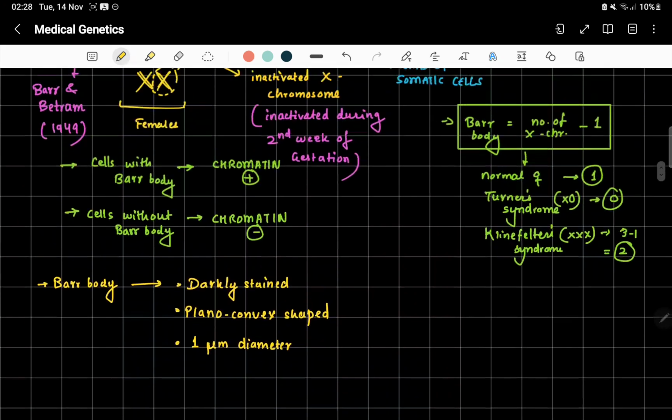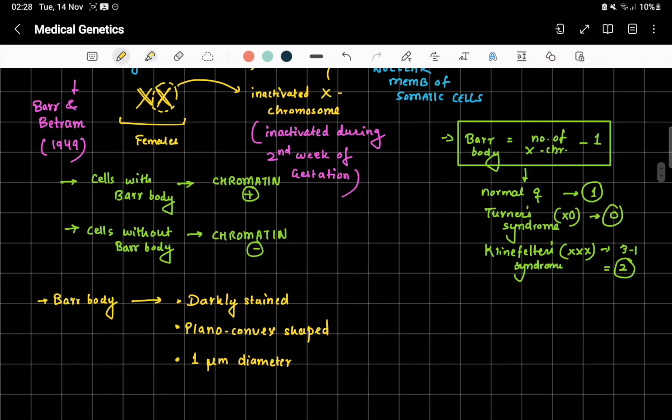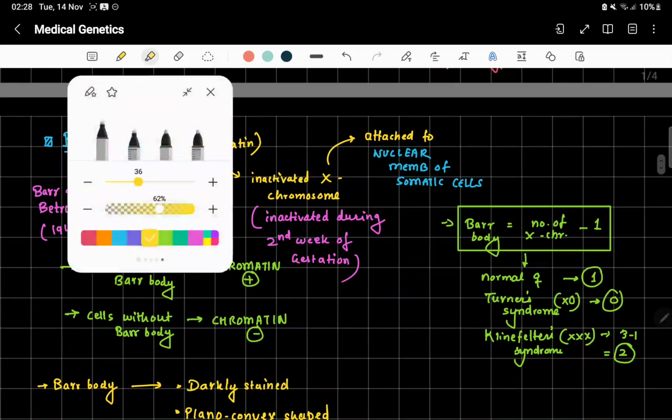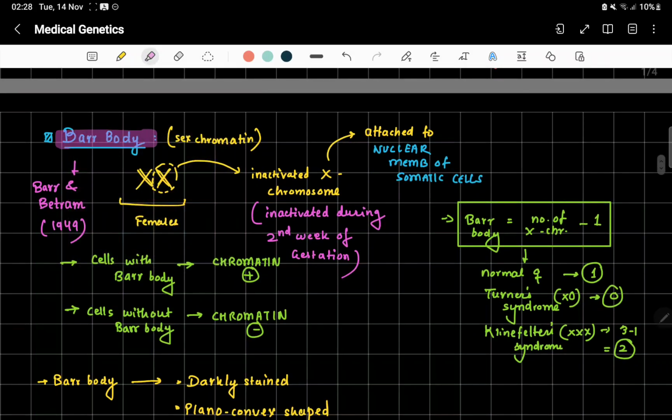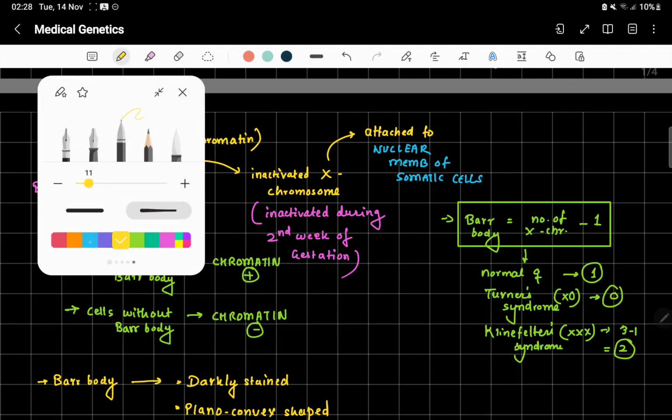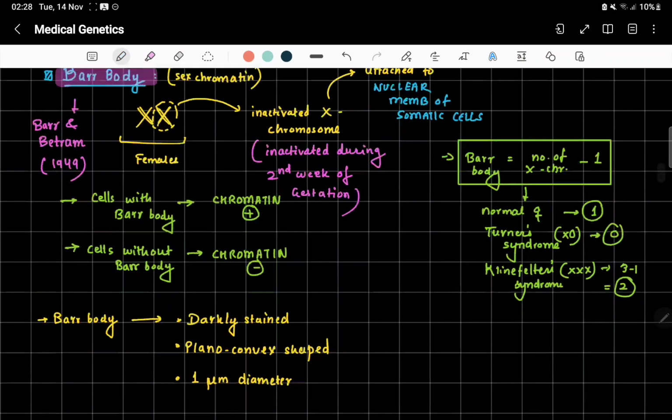Understood? So you can deal with the Barr body questions. Most probably it is a short note, and there may be other related questions, like fill in the blanks.